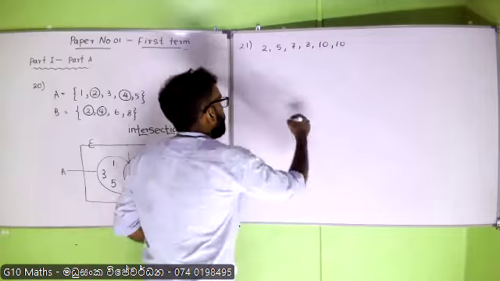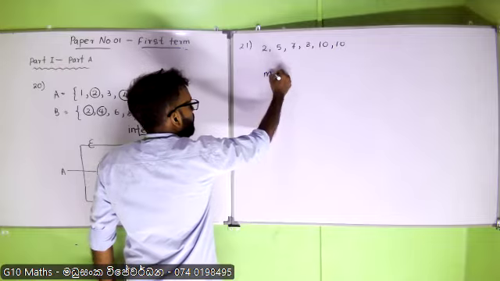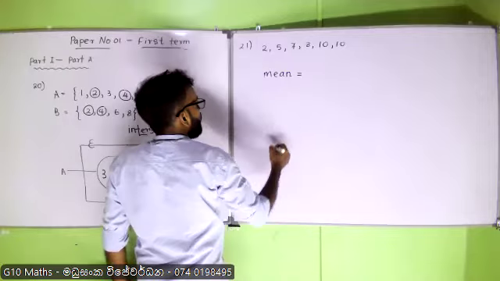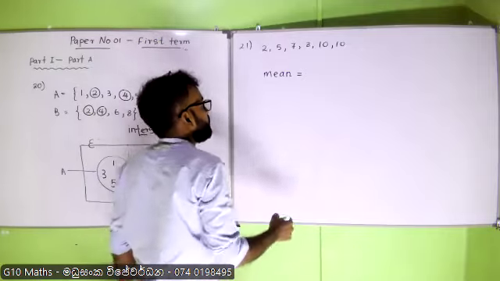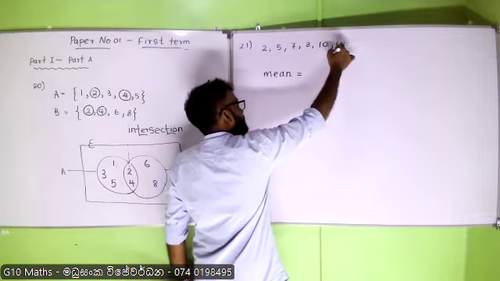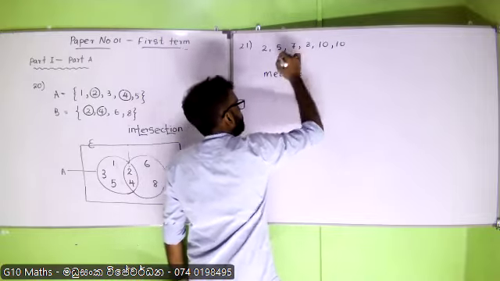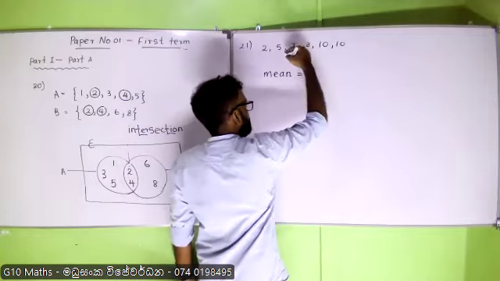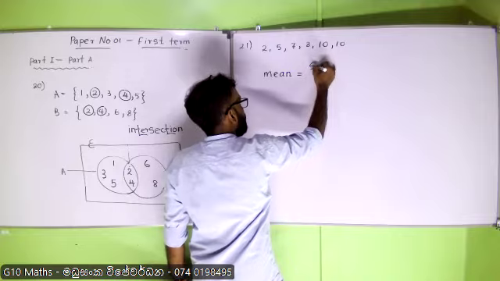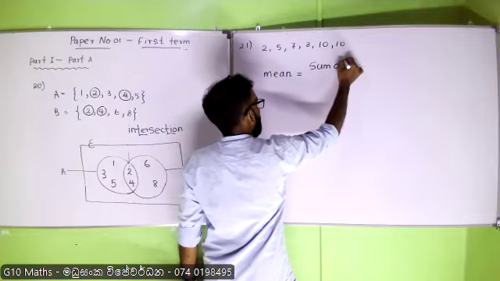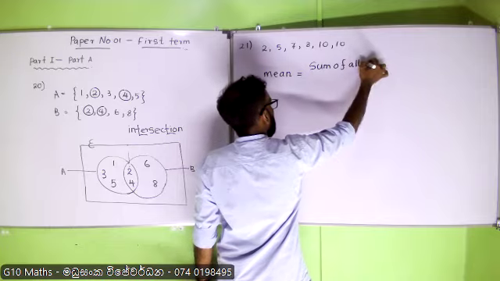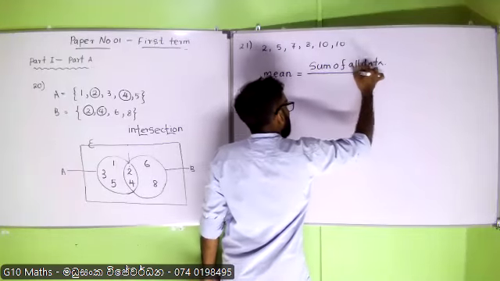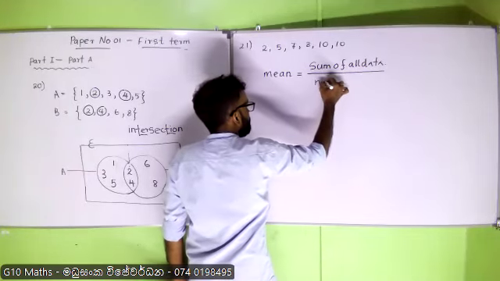So what does it mean by mean? Mean means you are going to find the average value for all of these data. To find the average, you get the sum of all data and divide it by the number of data.